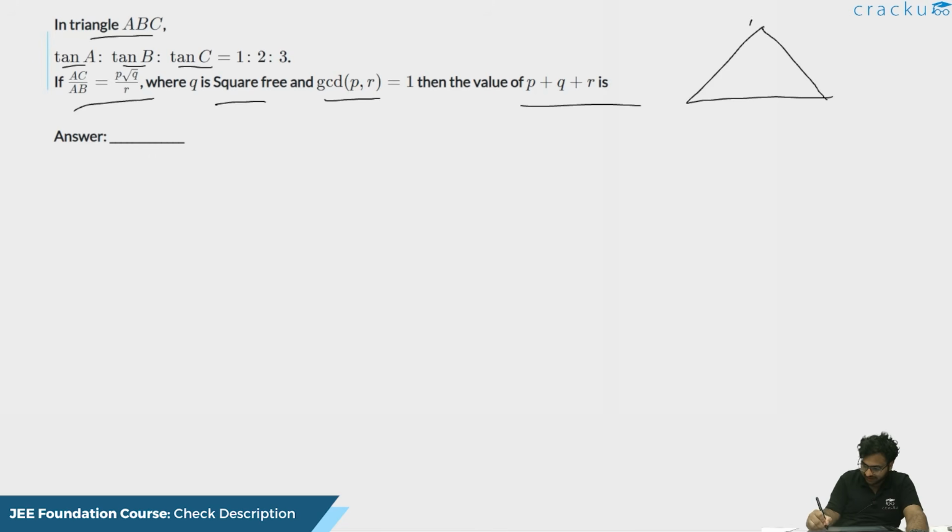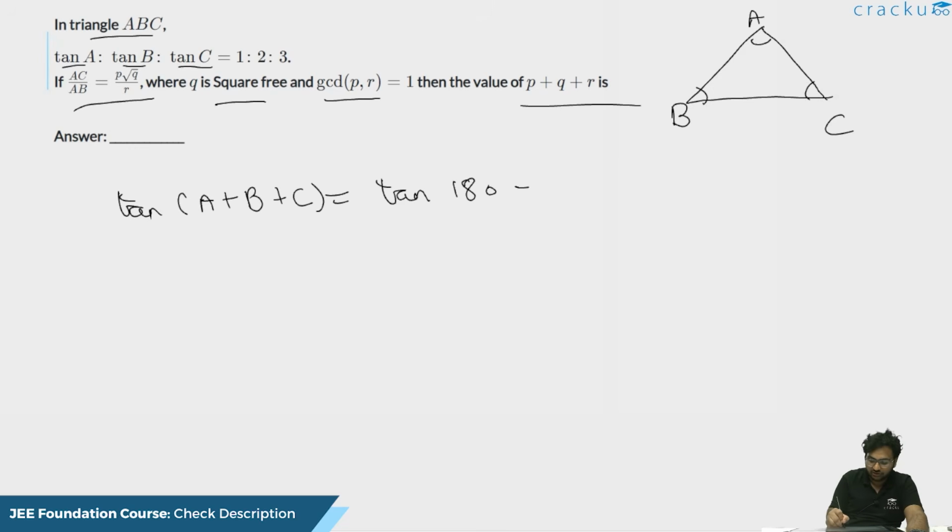let this be triangle, so this be A, B, C. In a triangle, the sum of angles is 180 degrees. So tan (A plus B plus C) is equal to tan 180, which is equal to 0.